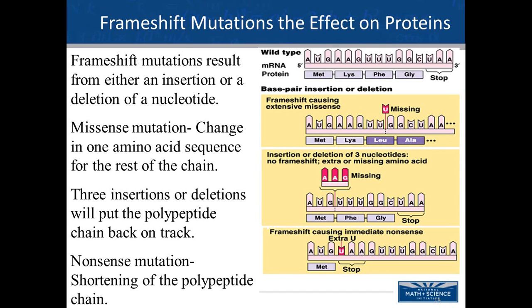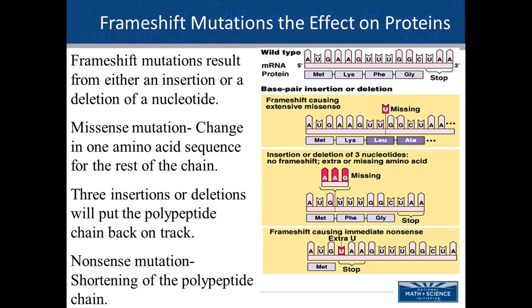Okay, the next type of mutation that's important is called frame shift mutations. And frame shift mutations result from either an insertion or a deletion of a nucleotide. So, for example, this first one, we have a messenger RNA, and it's asking for methionine, lysine, phenylalanine, and glycine.